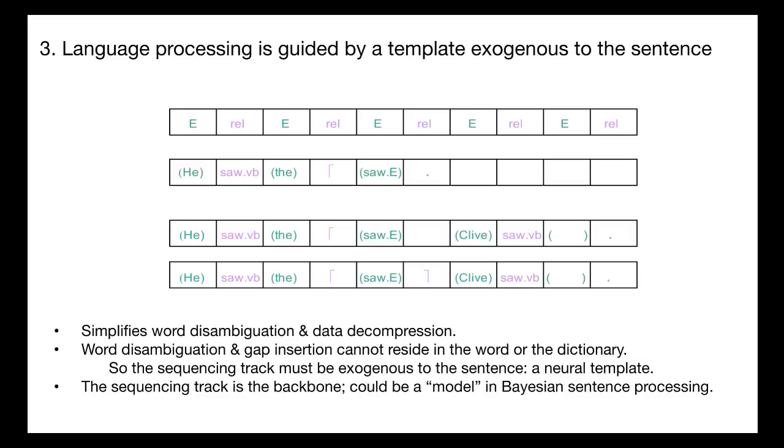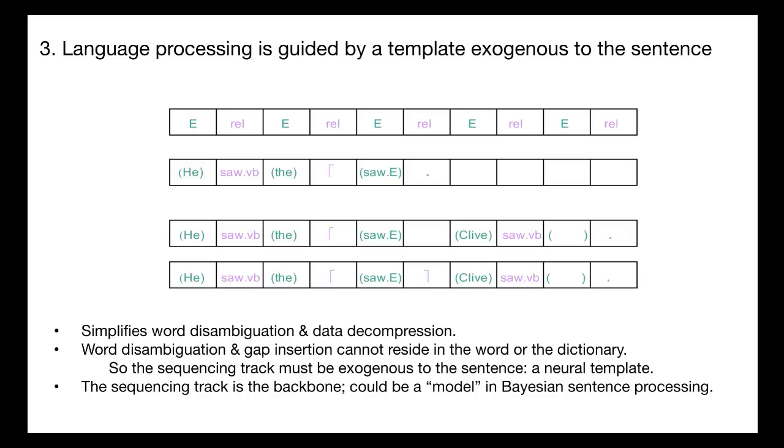There's actually a whole literature in linguistics arguing that some of this structure comes from a previous ability to synchronize muscles in order to throw things. And I think that's probably on the right track. You already had some kind of sequencing track, and now you've learned to put words into it. The other thing is that if you're inserting gaps like this, well, that also can't be part of the words on the page.